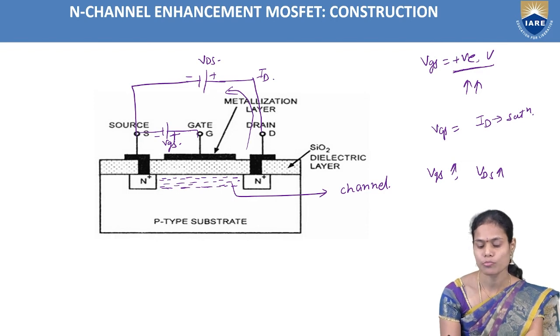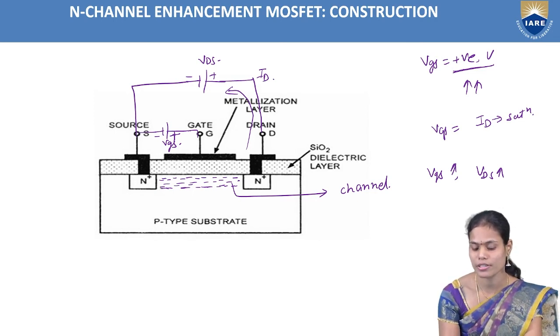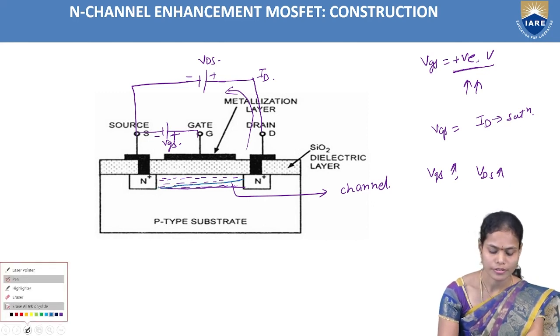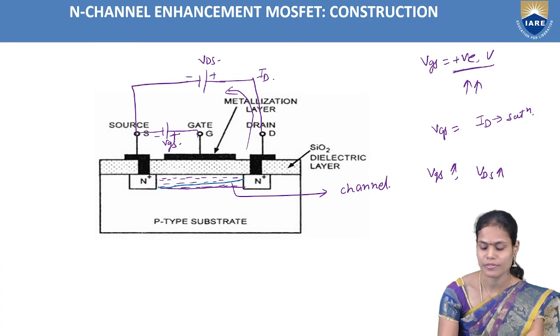So because of this movement of the charge carriers or electrons from drain to this positive terminal, the channel length will be reduced here. Previously the channel length is here, and when you increase the VDS voltage, now it will change to here. If you still increase the VDS voltage, the channel length may decrease here.